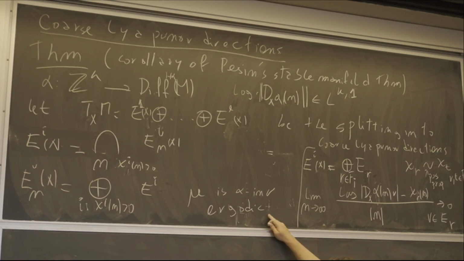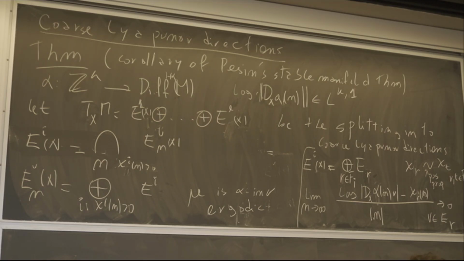But if I ask ergodic for the whole action alpha, then all these quantities will be constant in x, the chi^i, not the E^i's. I don't need the individual elements to be ergodic. That's especially useful later, where I will not have a priori that individual elements are ergodic, and I still want to talk about entropy. So I don't actually need ergodic here.